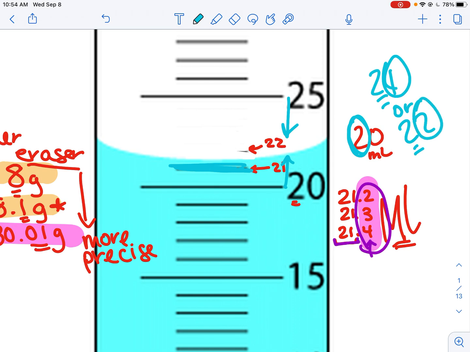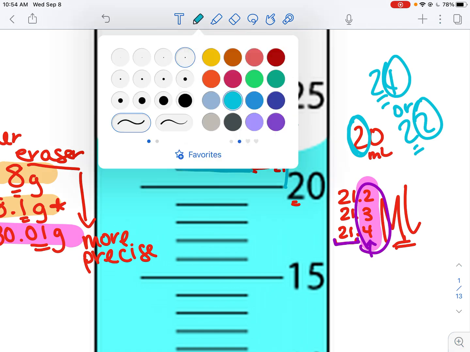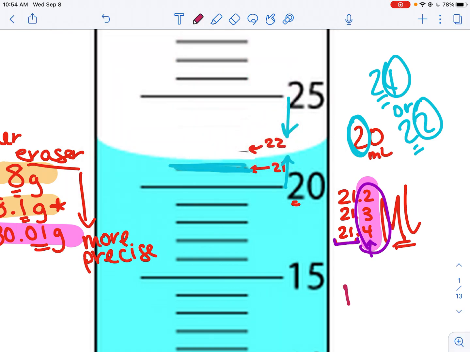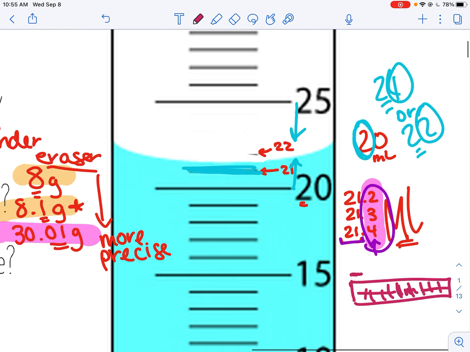Depending upon what measuring device you use, you can be more or less precise based upon your degree of certainty. When you were measuring with that meter stick on Friday, one side just said 1 meter, and you're like, here's my finger, I don't know, maybe it's 0.1. I couldn't tell because there were no extra tick marks on there. That makes it a little bit more challenging.